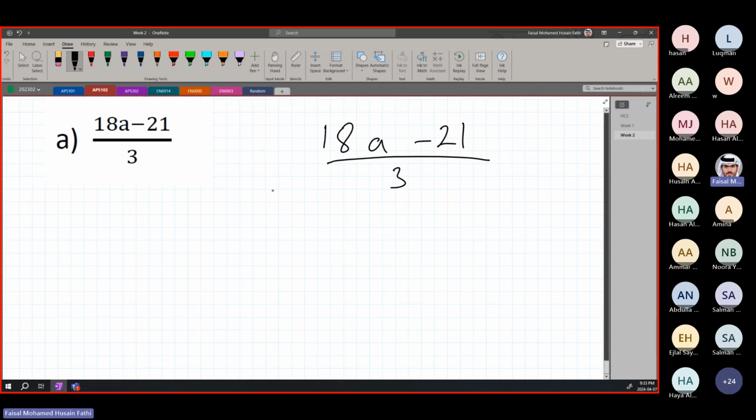Here you're going to have to find the common factor of 18a and 21. And how can you do that? You're going to have to find a number that you can take out from 18 and 21. 18 has these factors: 1 and 18, 2 and 9, 3 and 6, and it keeps on going.